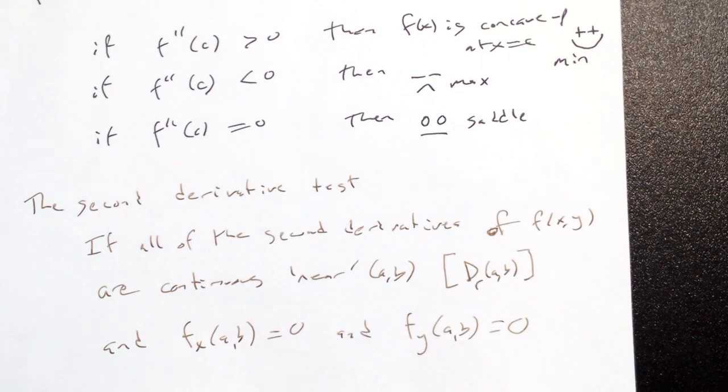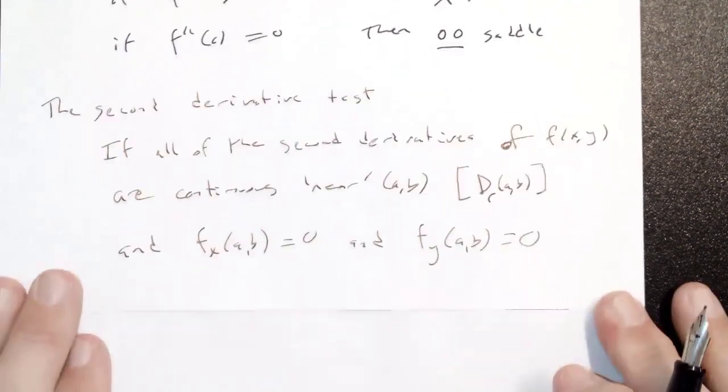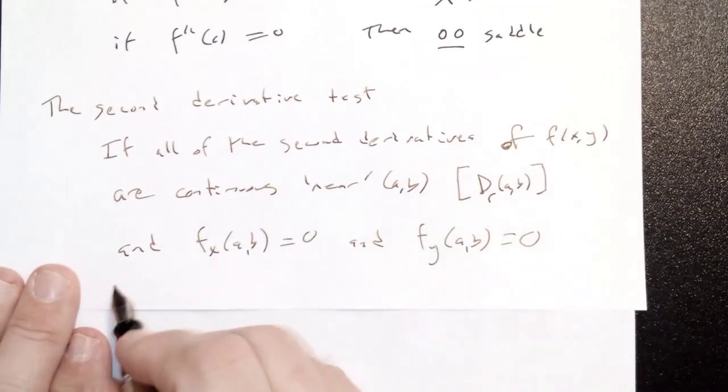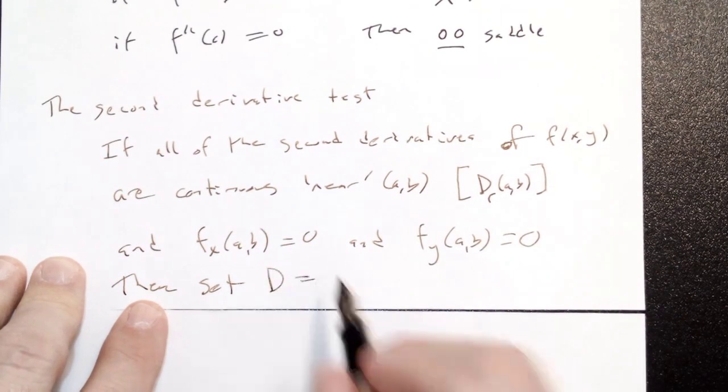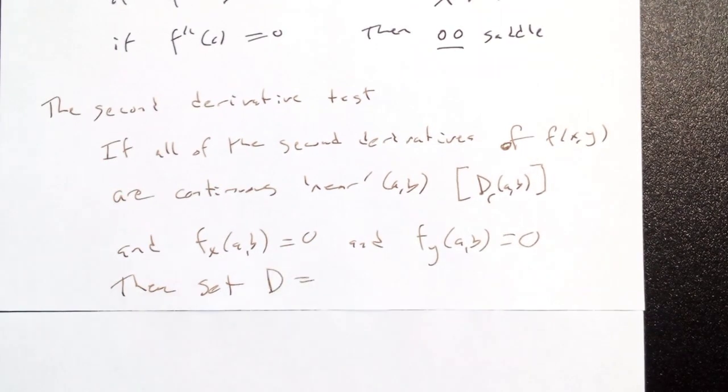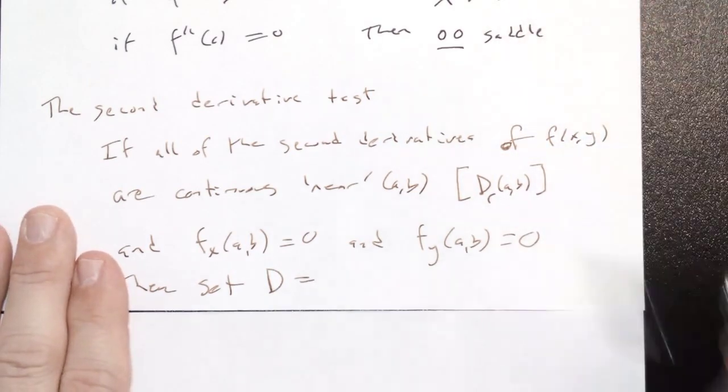then what I'm going to do is multiply my 4 derivatives together. Well, I'm going to multiply and subtract. Then set D equals. D here stands for discriminant. I'm going to discriminate between my 3 cases, just like I did up here.